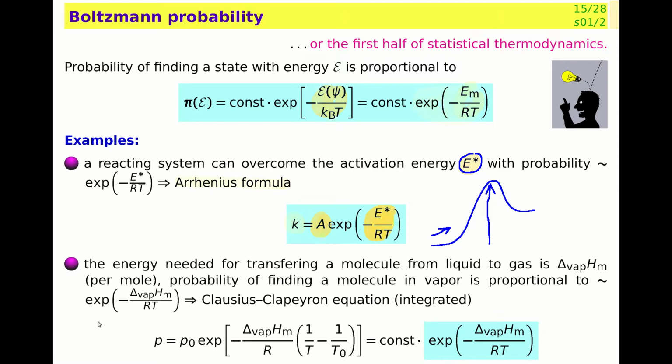And the second example, I am pretty sure that you remember the Clausius-Clapeyron equation, which describes the equilibrium between liquid and its vapor.